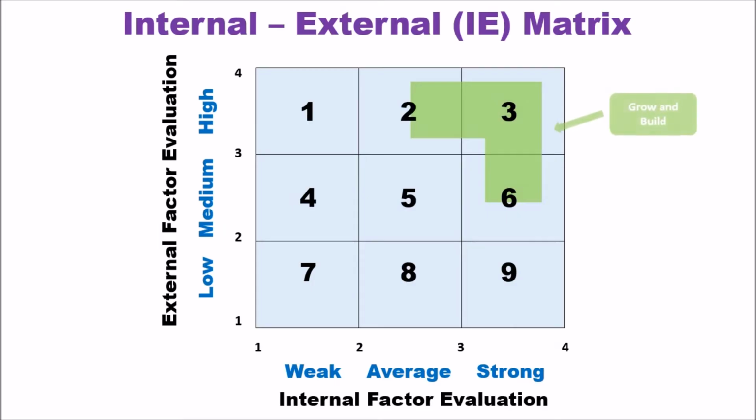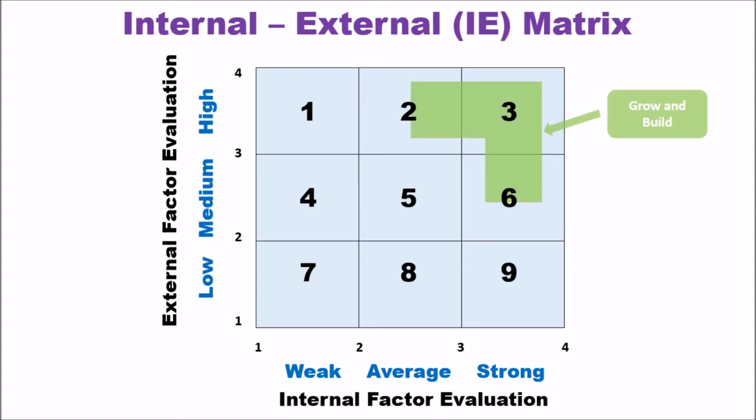If you do happen to be falling in those 3 boxes, the strategy that you would be looking at would be to grow and to build. You want to expand, maybe buy a company or set up a new plant. So you'll be looking at growing a business.